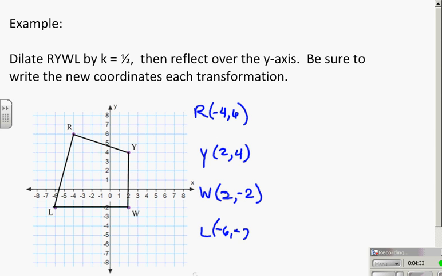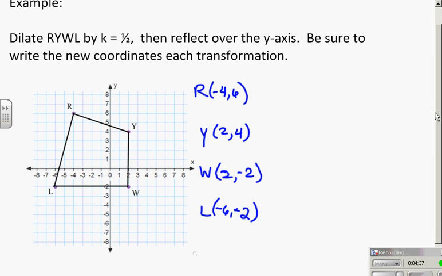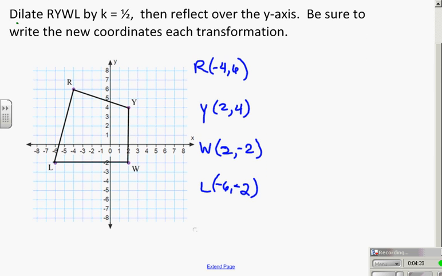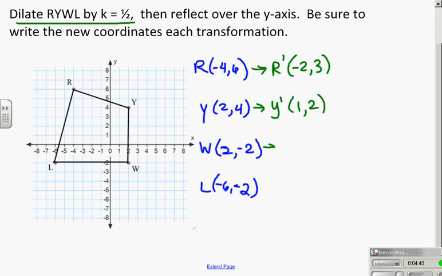And L is at (-6, -2). So when I first dilate it by 1/2, that makes R prime (-2, 3), Y prime (1, 2), W prime (1, -1), and L prime (-3, 1).